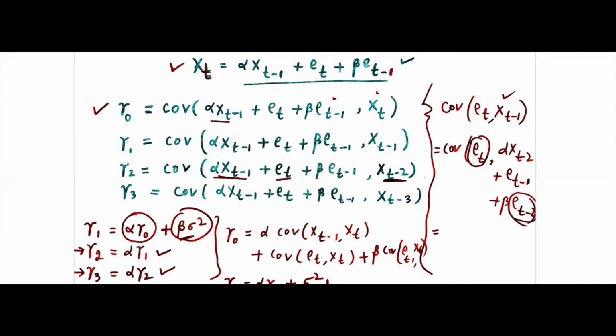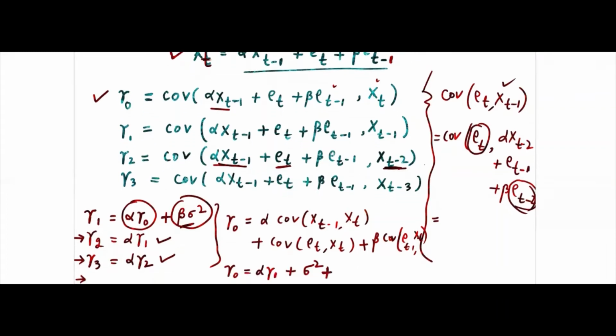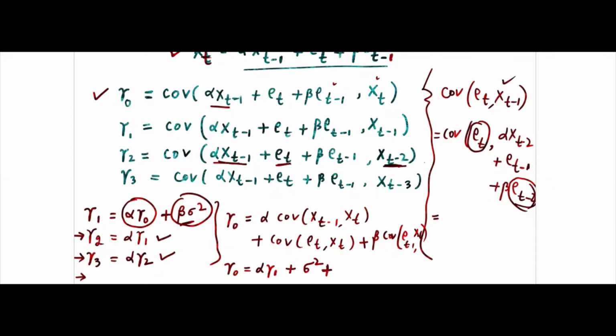So I've written covariance et xt. Let me check once here where I got this. Beta, here I've written gamma naught, and here I put xt.